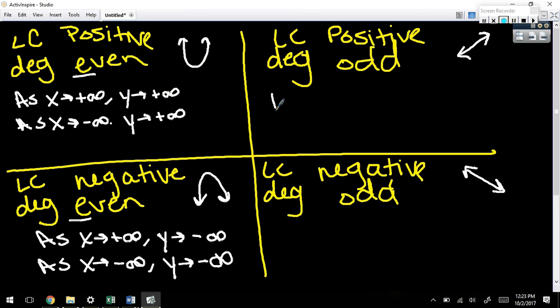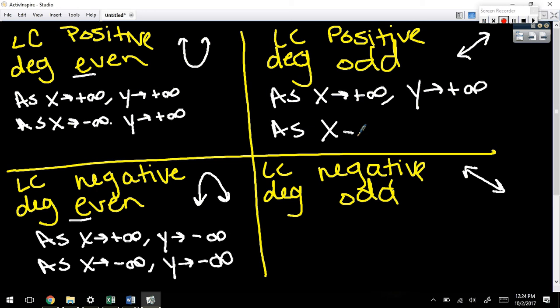As x approaches positive infinity, so I'm looking at the right-hand side of the graph. The right end of the polynomial, what is it doing? Is it going up or down? Up. How about the left? Down. No problem.